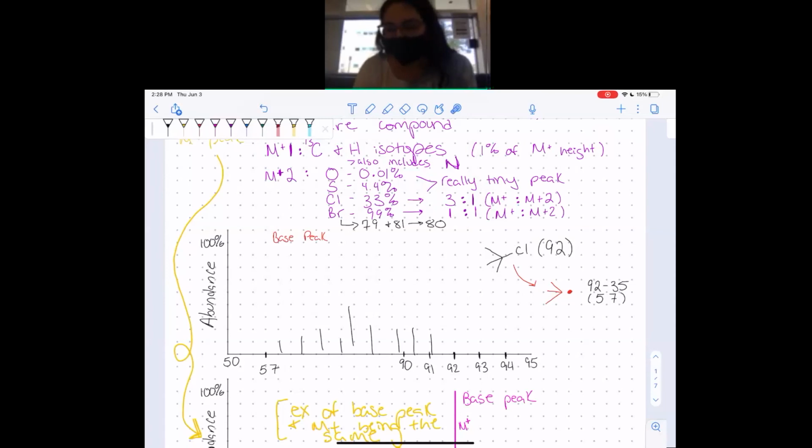I can just write out how I got it. The mass would be carbon is 12, so 12 times 4, because we have 4 carbons, plus the mass of hydrogen, which is 1 times 9, plus 35, which is the mass of chlorine.